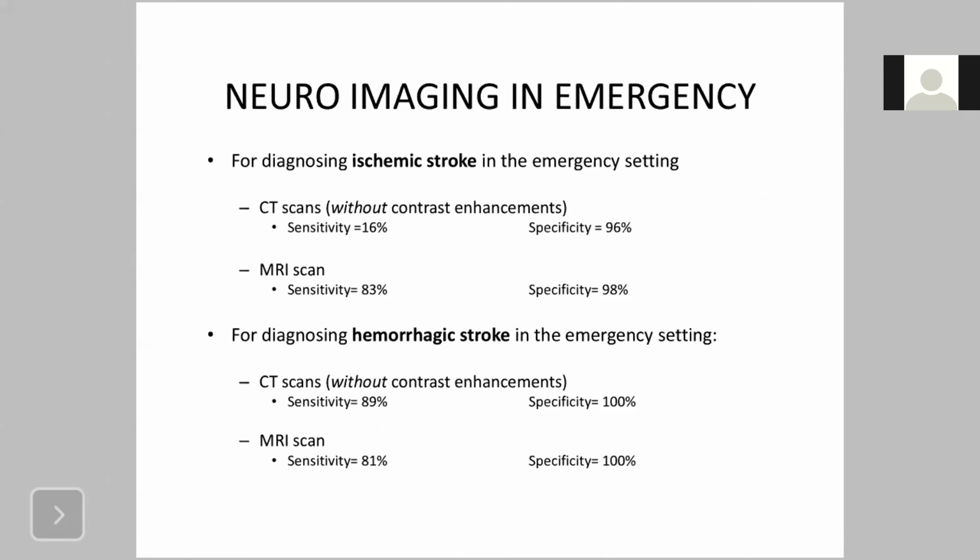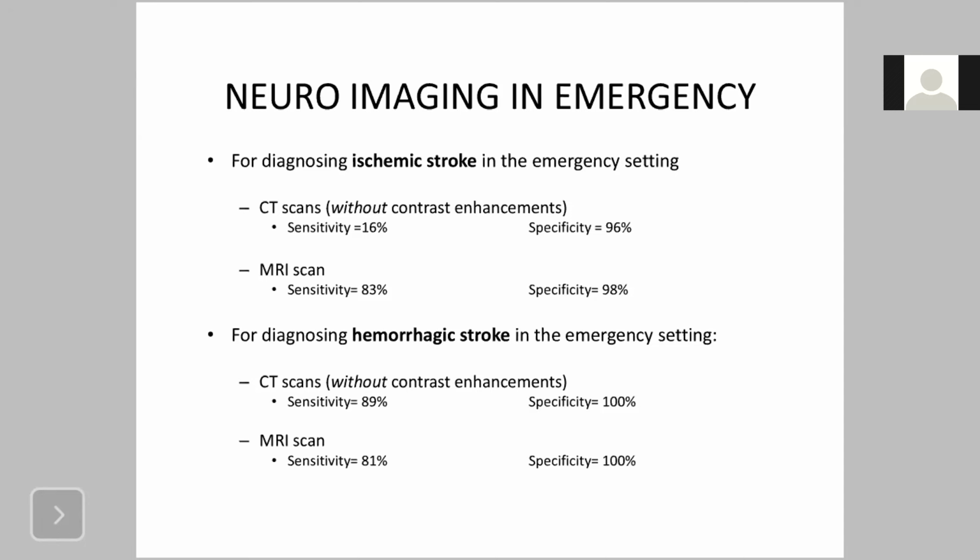For diagnosing hemorrhagic stroke in emergency settings, CT scan is sensitive about 89% and specific about 100%, whereas MRI has a sensitivity of 81% and specificity of 100%.